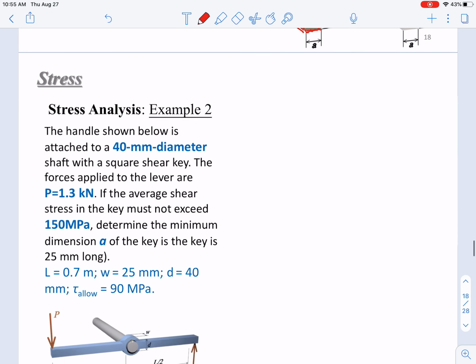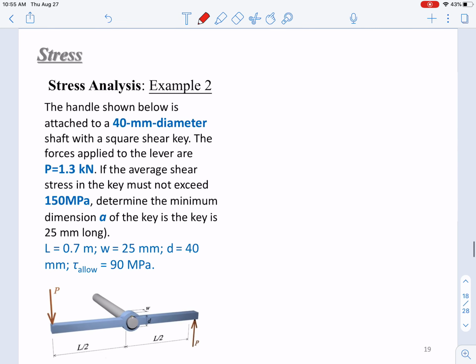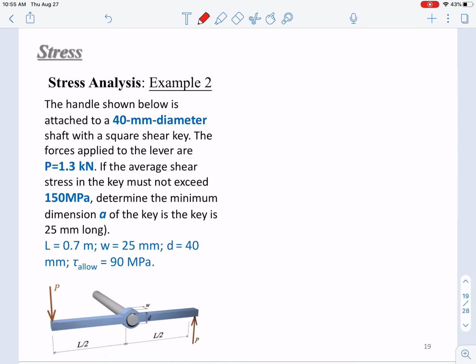So let's see how to solve it in detail. As we mentioned, the first step would be the free body diagram and then the equilibrium equations.